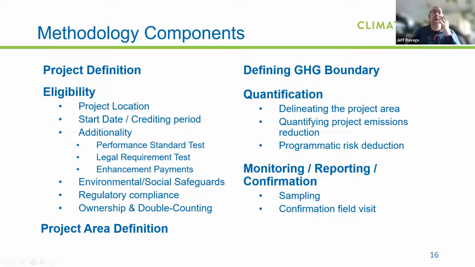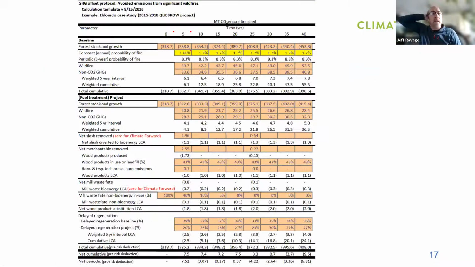And so here we're going to look at a model. This model was the El Dorado National Forest in California. So we're looking at the forest stocking, and this is our fire probability.